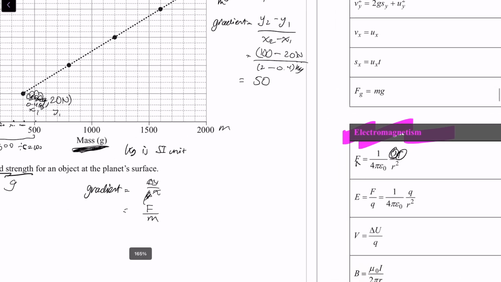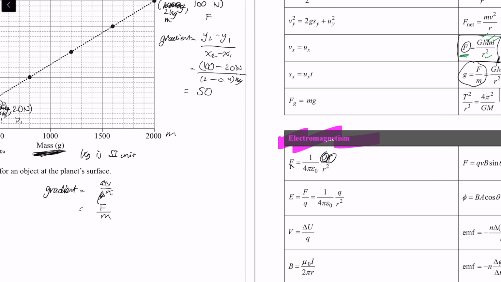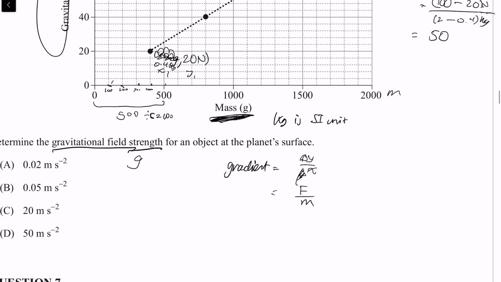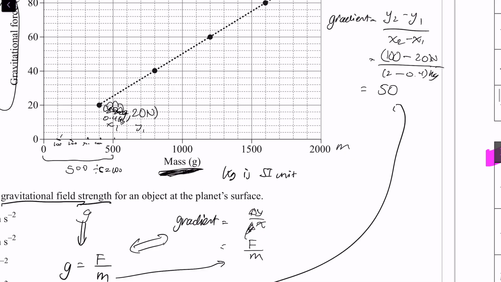If I just rewrite that formula, g equals F over m, that's literally my gradient. F over m is my gradient. And so I can equate these two and say that my gradient is just literally g, lowercase g, which is the gravitational field strength, which we know is already 50.